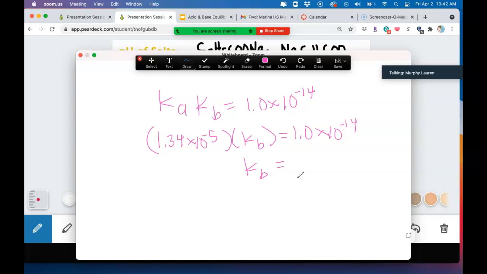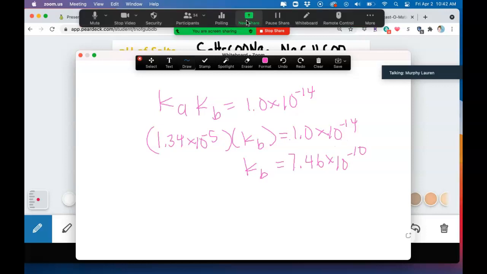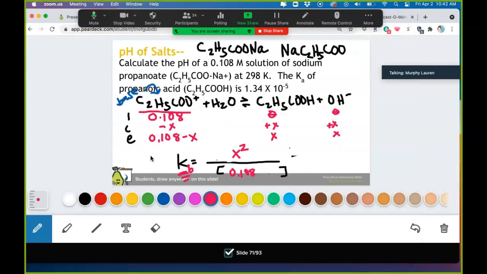And that number is, sorry, I don't remember exactly, 7.46 something times 10 to the negative 10. So you go back over here, and that is what you use for K.